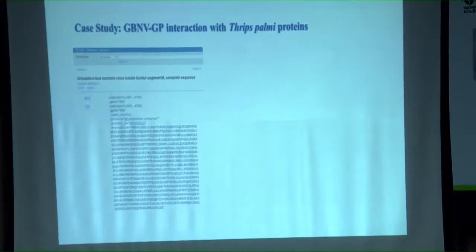Why? Because, as I said, in post-transcriptional modification there are several modifications. The protein is synthesized as a precursor protein, and then it is clipped and matured into two defined proteins, GN and GC.